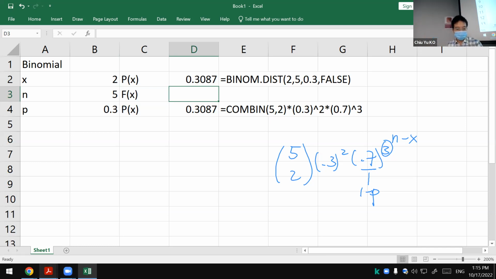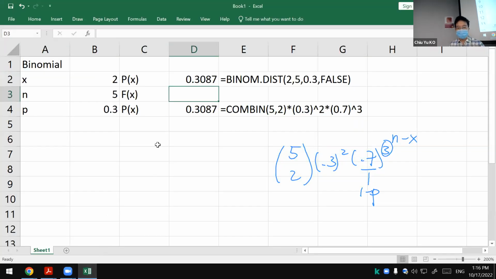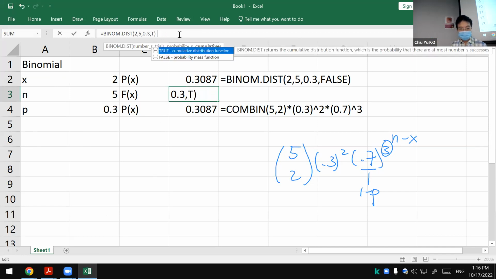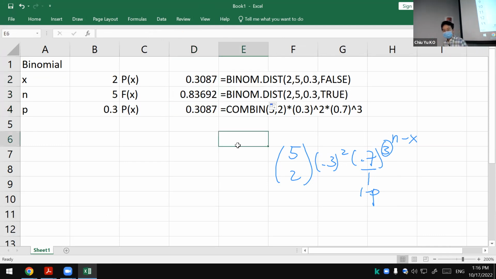If you ask how many customers like spicy food, or the probability that 2 or fewer people like it, then you need the big F. In that case, it's exactly the same formula, except you change false to true, because true will give you the big F. That's the formula.